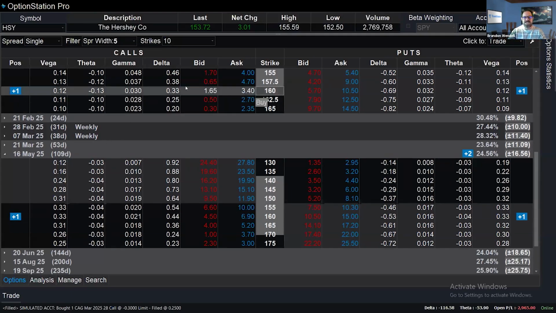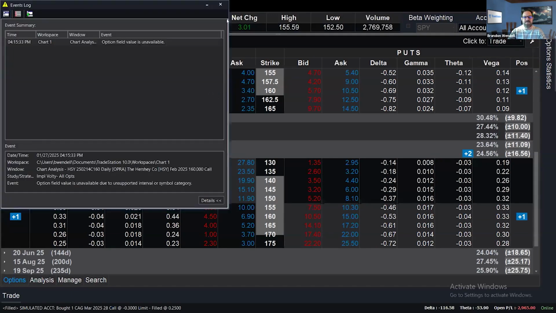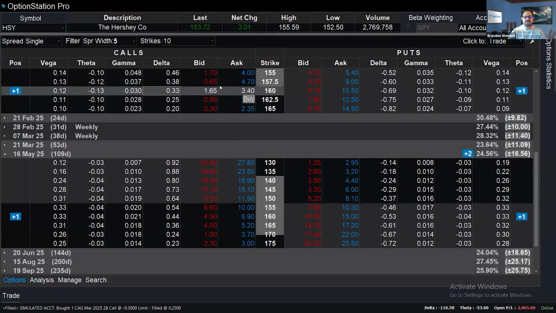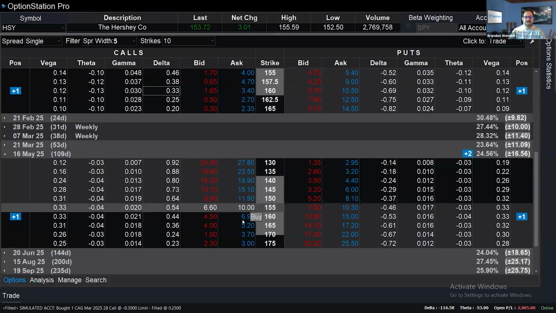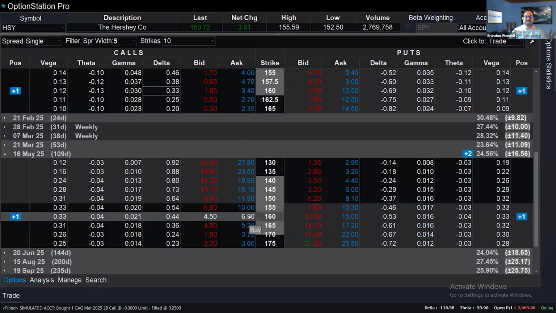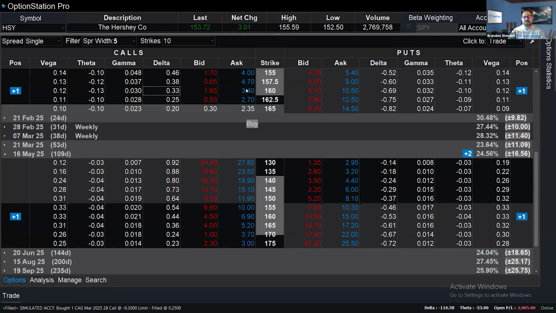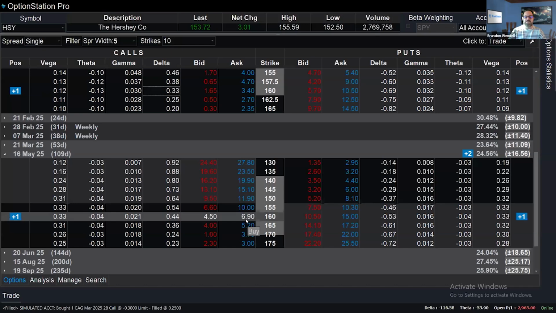This 160, you can see we have to pay either 340. Well, the spread's really wide because it's after hours now. It's not normally that wide. But here it goes up to 690 for 340. So the price goes up quite a bit, but you're going to be getting more of a benefit from volatility rising on this longer term option. Plus, if you sell it soon enough, you'll get most of that time value back.